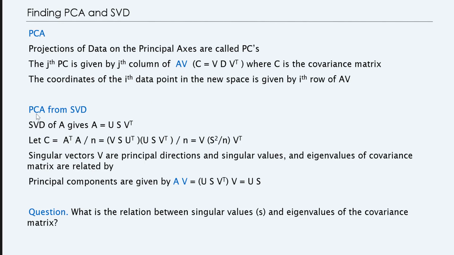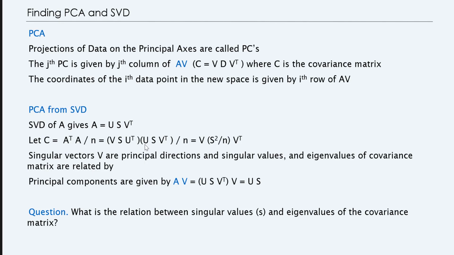So you can also get the PCA from SVD. We find the SVD of a matrix A equals U S V transpose. And then we form the covariance matrix A transpose A over n. Because now A is U S V transpose, we can do matrix operations, so this is the transpose of that. So you get V transpose transpose, S transpose is the same as S because it's diagonal, and U transpose. And then you get U S V transpose, which is A, divided by n. And then because U transpose U is I, you can just ignore that.